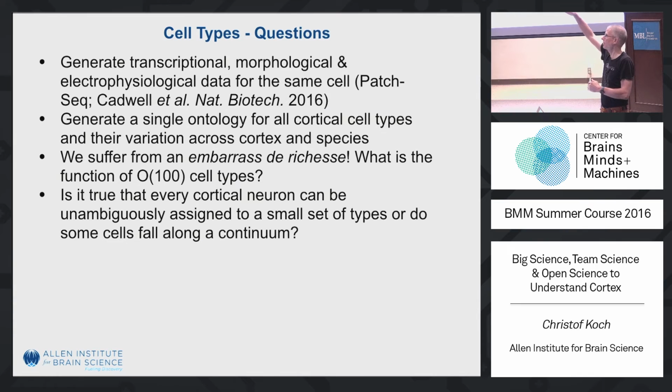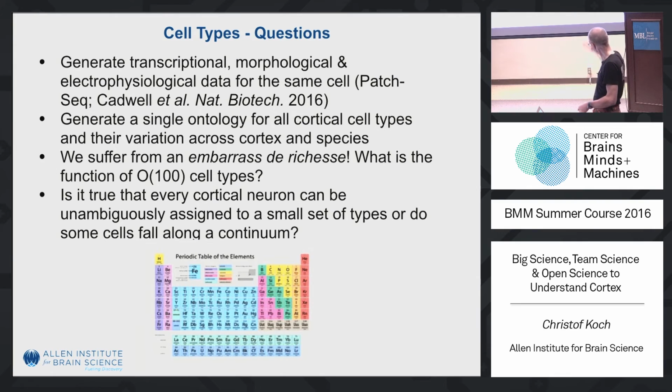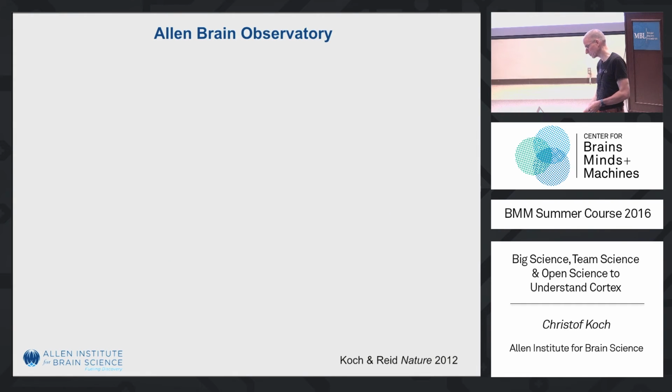But they are systematically different if you sample from the top of layer 4 and from the bottom of layer 4. So is it possible that there's just a continuum there? We don't know. So at some point we as biologists would like to have some systematic understanding of cell types and their ontology and how they relate through development.